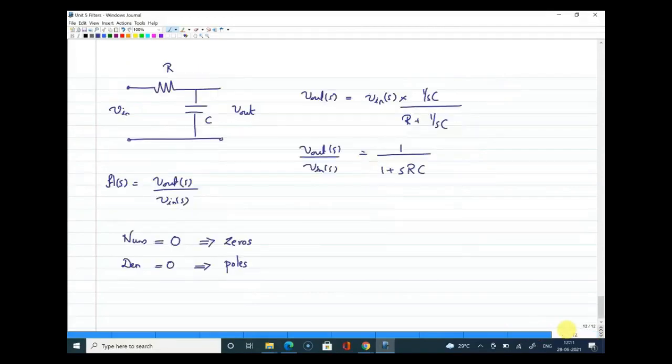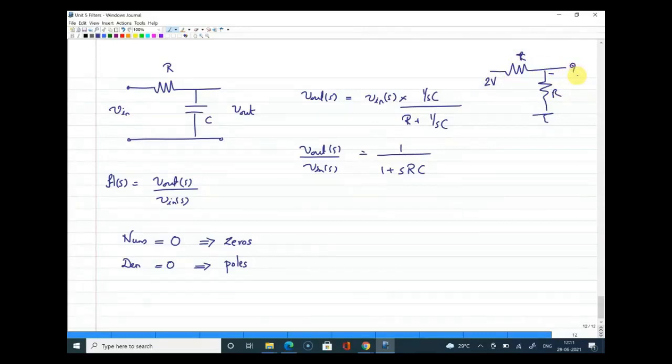Now, if I take a simple example of an RC circuit, with R and C elements connected in this fashion, I can always write the output here as the total voltage available here times the impedance of this divided by the total impedance. How did I write that? It is the same as a voltage divider. If I have, say, 2 volts here, and both are equal resistors, what is the voltage coming here?